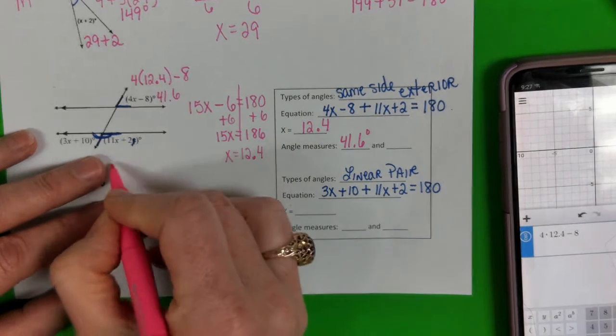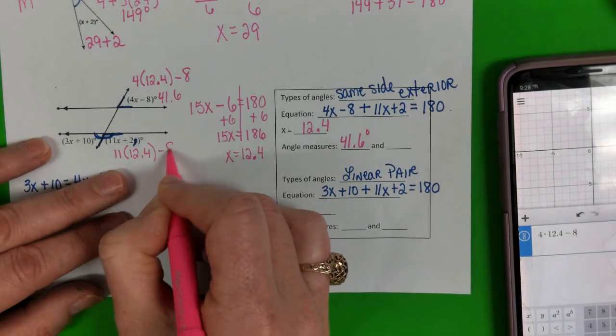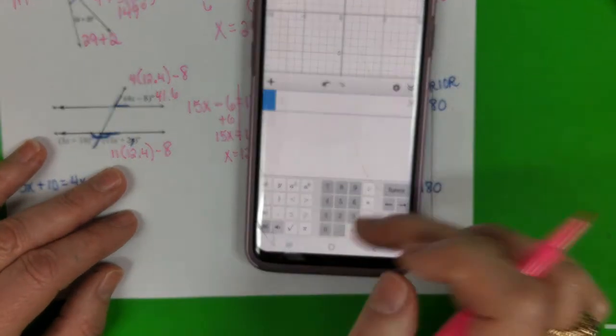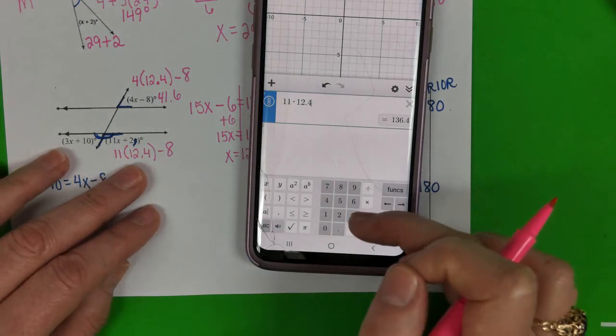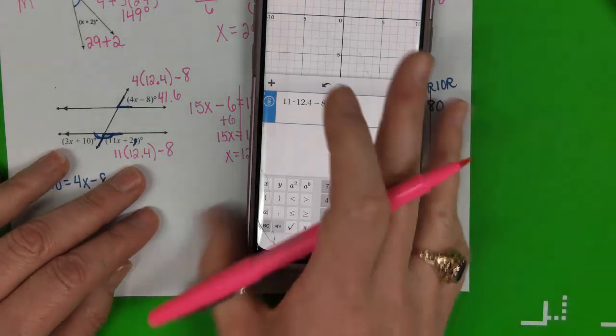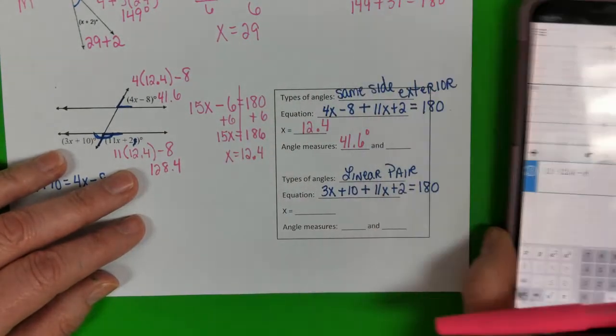Now we're going to do the bottom one. 11 times 12.4 minus 8. 128.4.